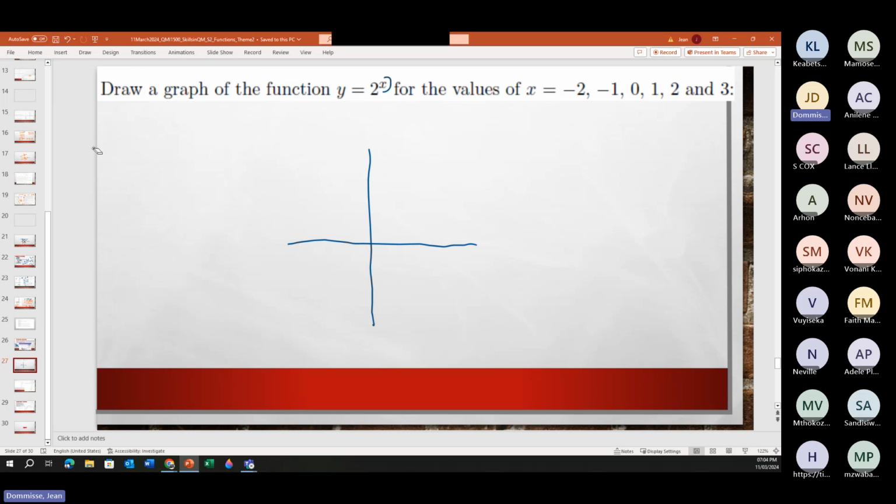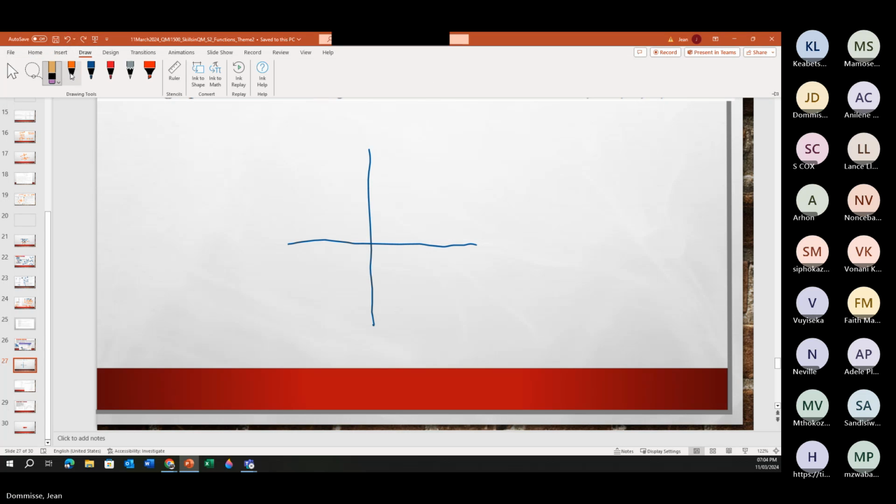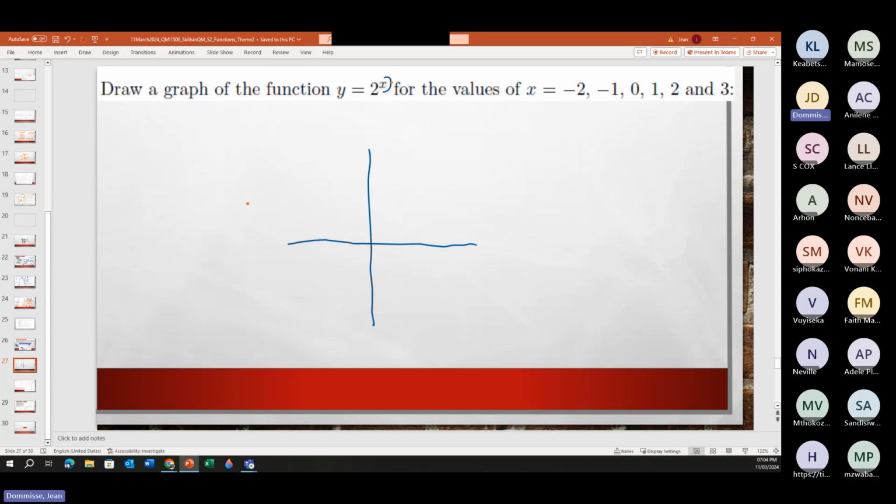Okay, so it's the value of X. The value of X can be negative, but not in the formula.